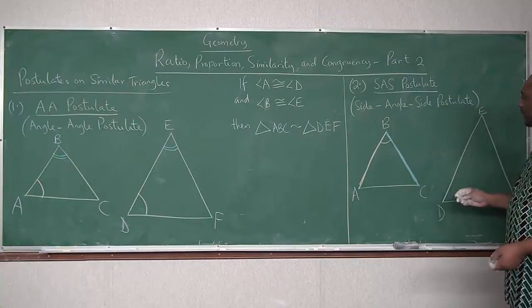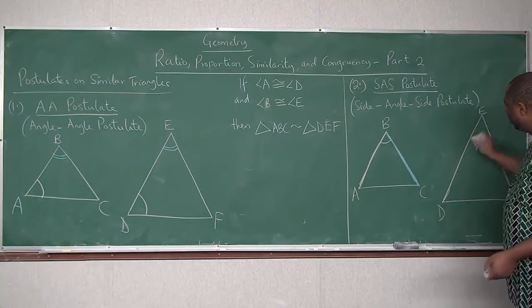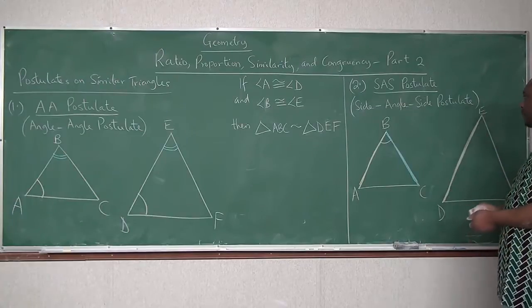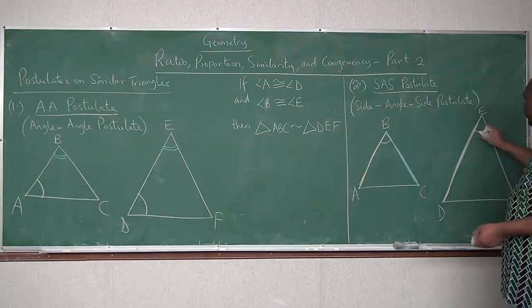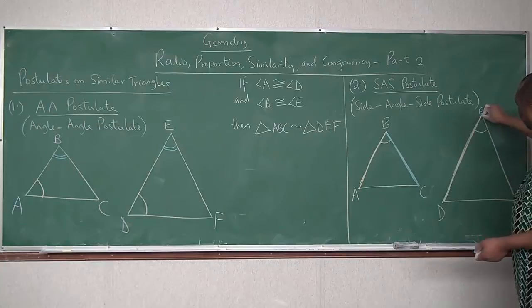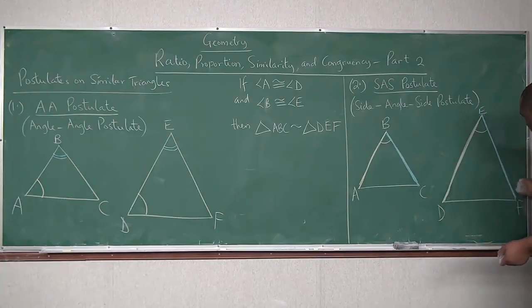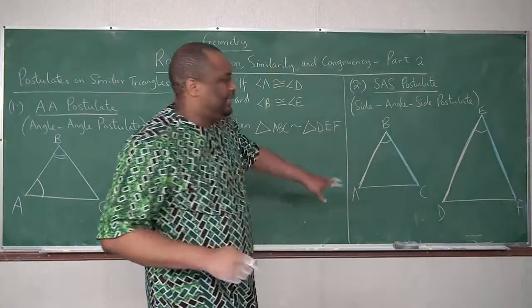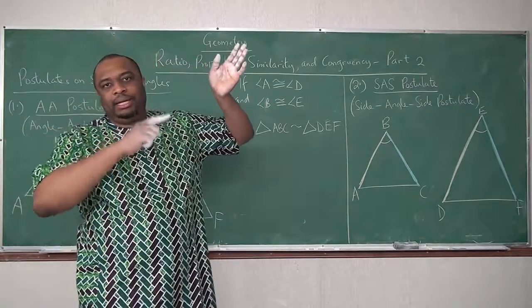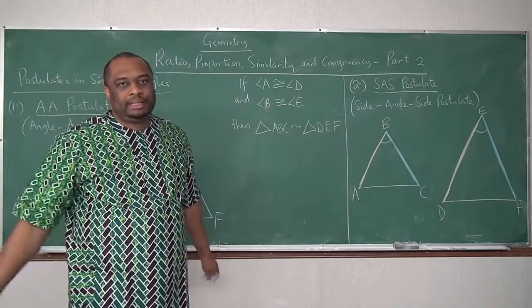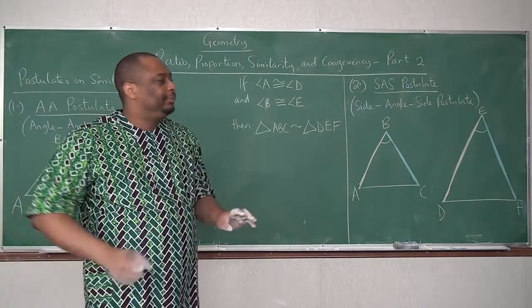Then here I use the yellow chalk for side DE, white chalk for angle E, and then blue chalk for side EF. Okay? So you notice this is the side angle side postulate.